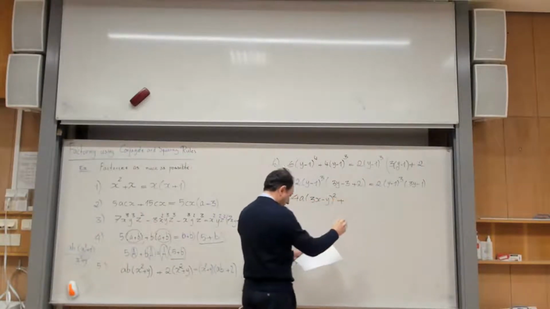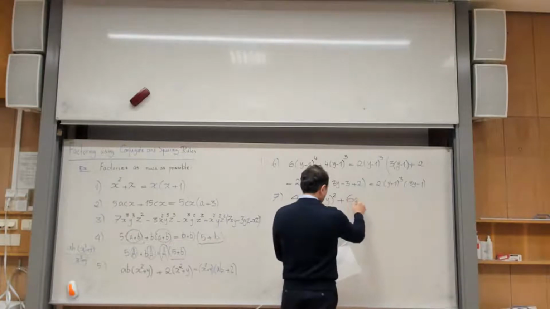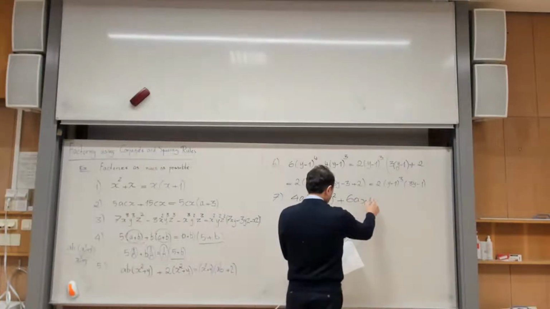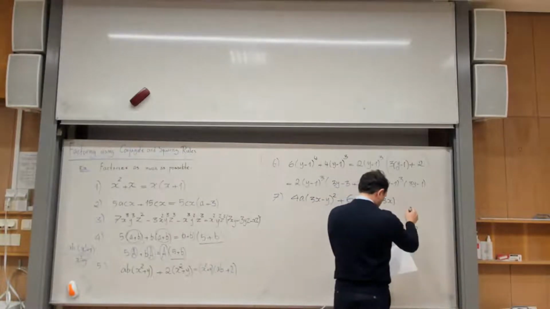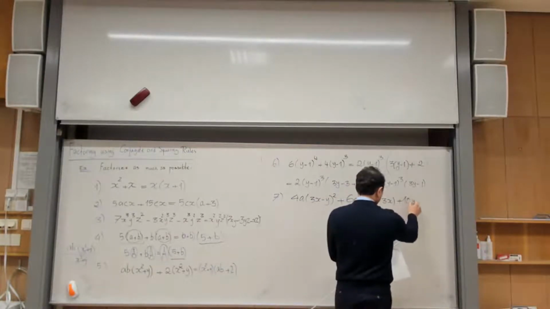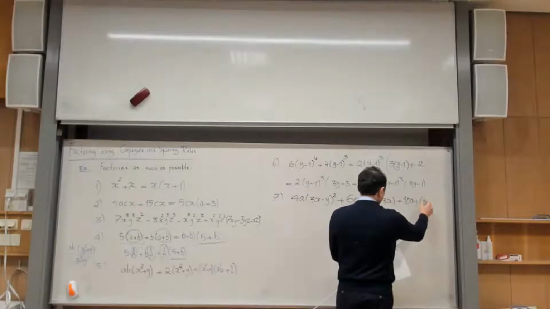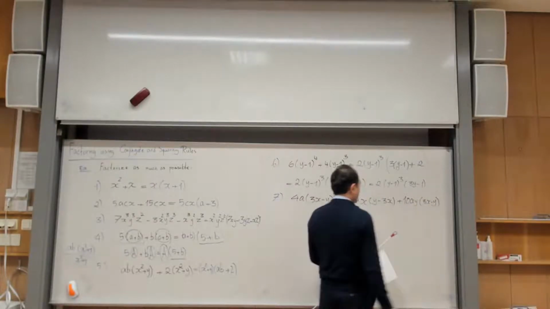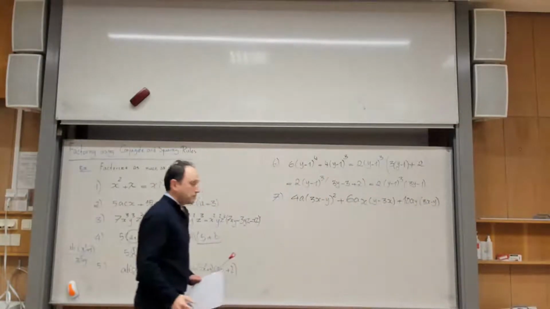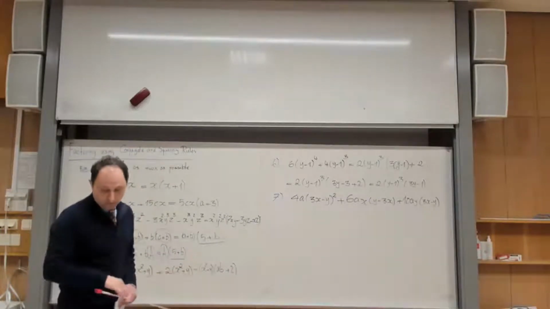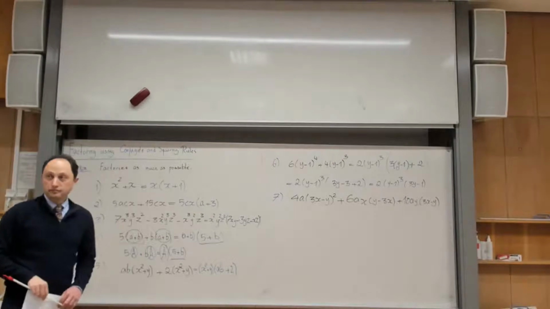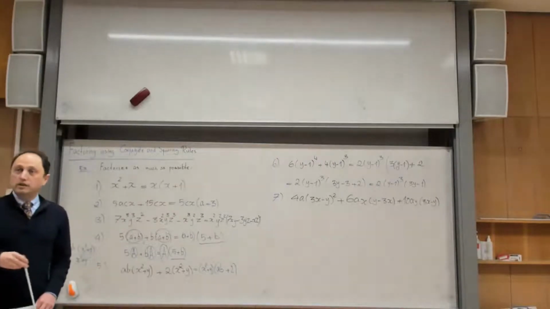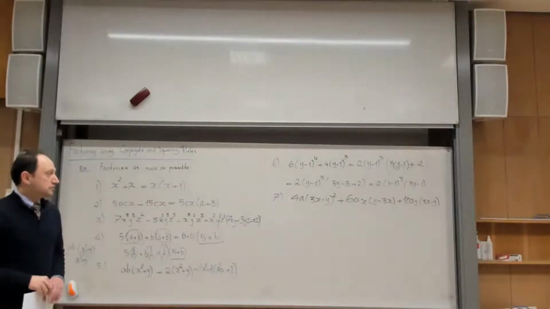Then I have plus 6ax, y minus 3x, and then I will have plus 10ay, and then I have 3x minus y. Yes, this might be a little bit more tricky if you want to solve that. Okay, so how should I do this?